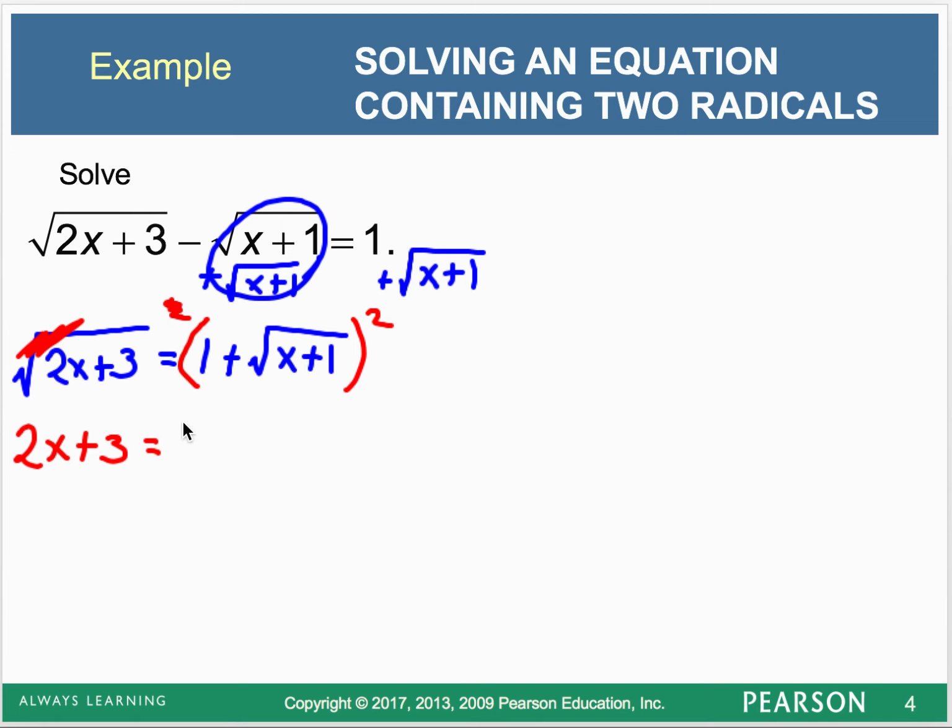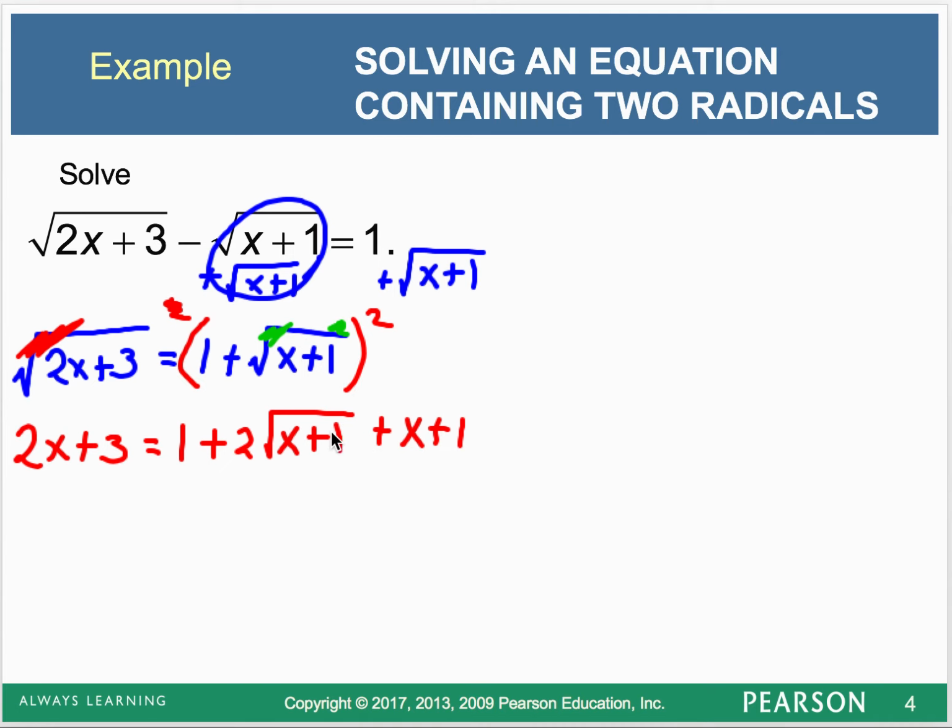So you square the first term, you multiply the two together, so 1 times that, and double it, so 2 times that. And then you square the second term. If I square this term, that just means the radical goes away.